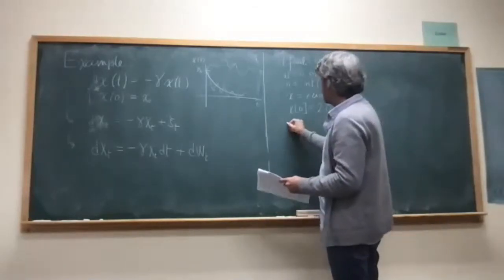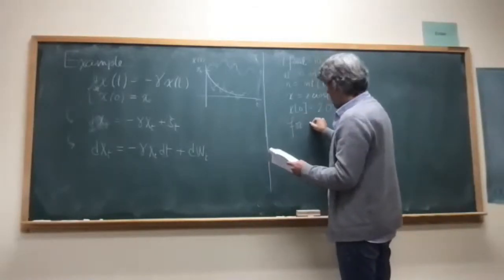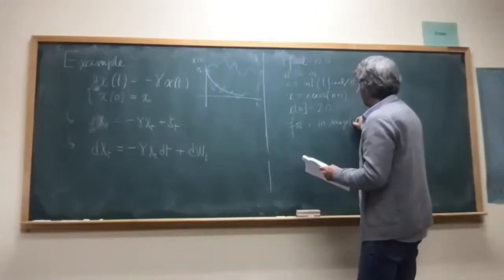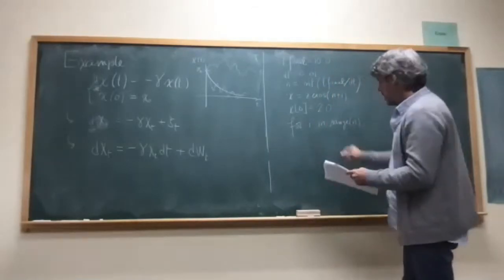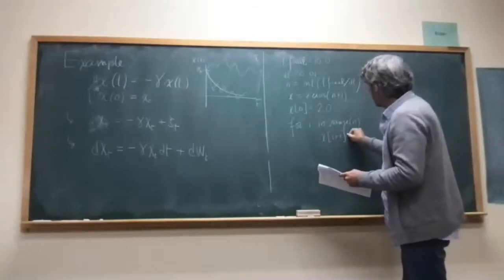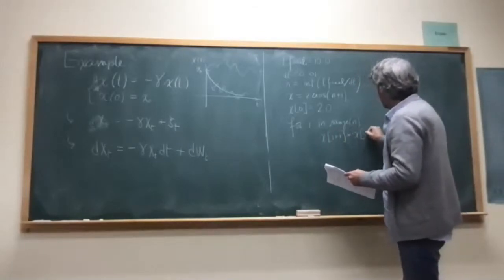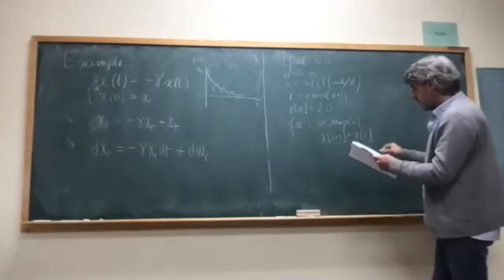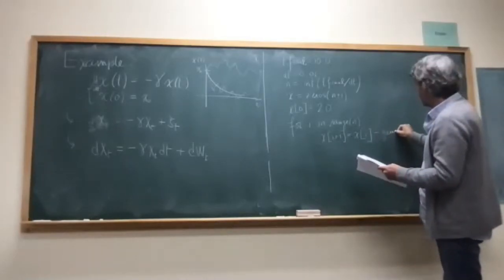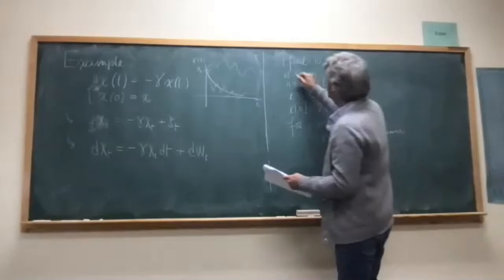Now I need to build a loop for i in the range of n. I need to have a loop with n time steps to find the new point, which is the previous point, so that's the difference equation, minus gamma, which I haven't defined. I should have a gamma here somewhere.